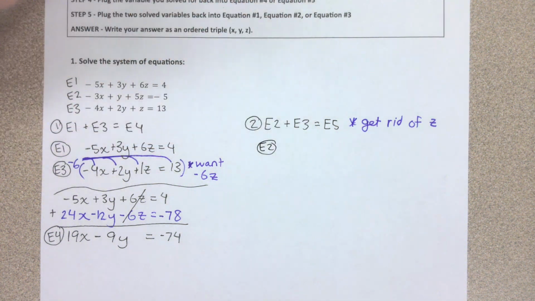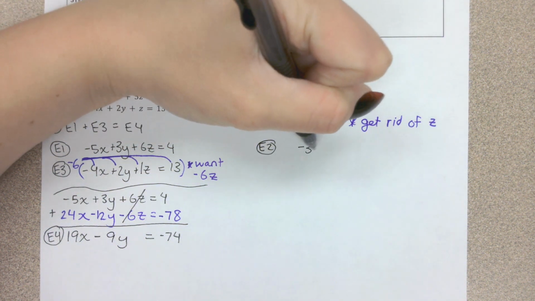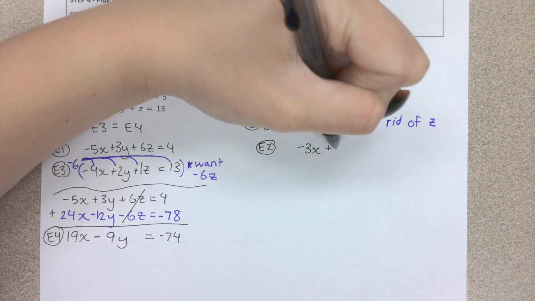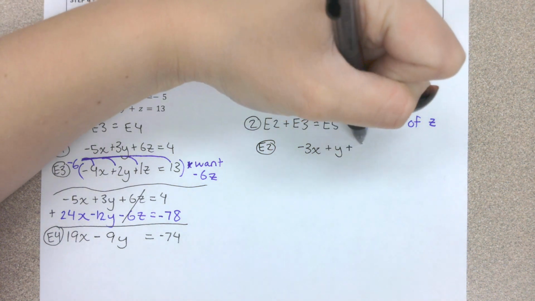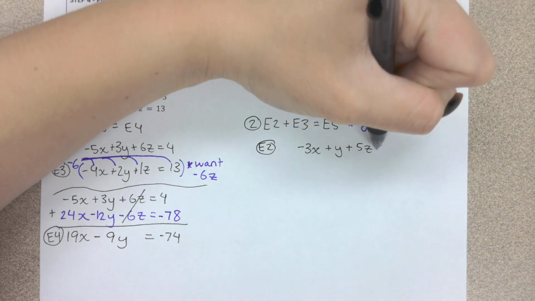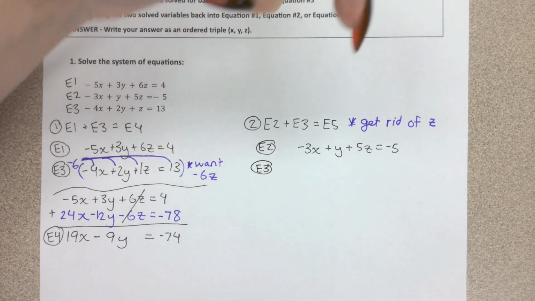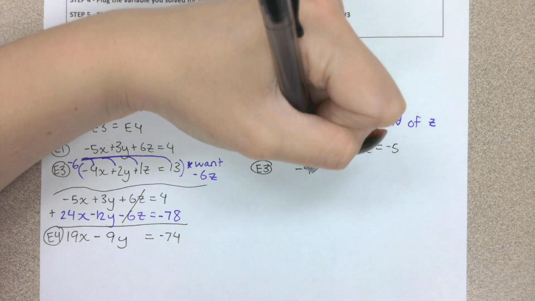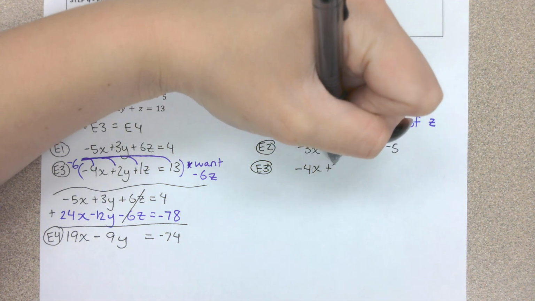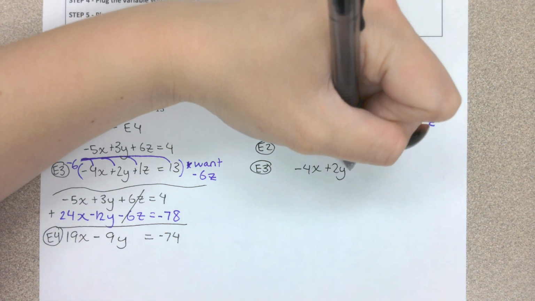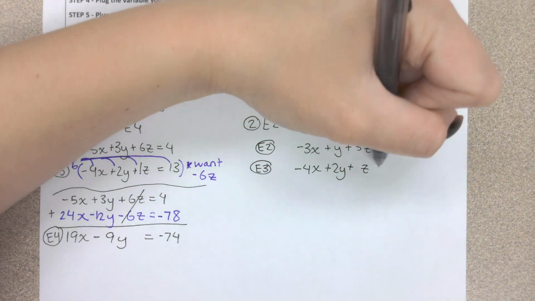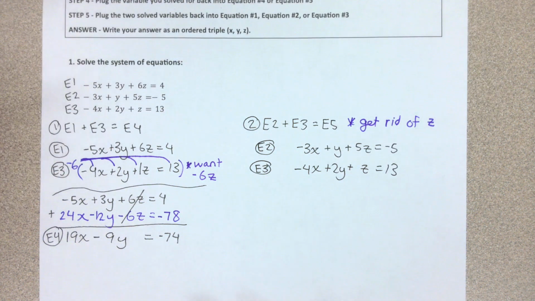So we have E2. That's negative 3x plus y plus 5z equals negative 5. E3, that's negative 4x plus 2y plus z equals 13.